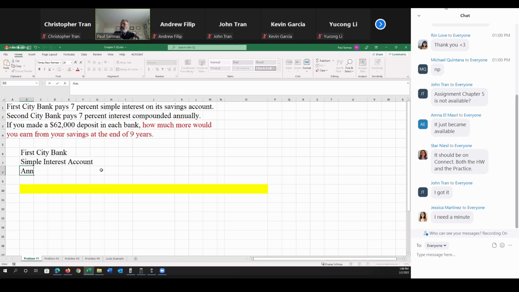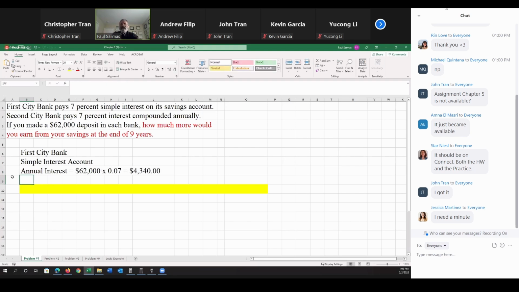So the annual interest is equal to 62,000 times 7%. If I remember correctly, that was $4,340.